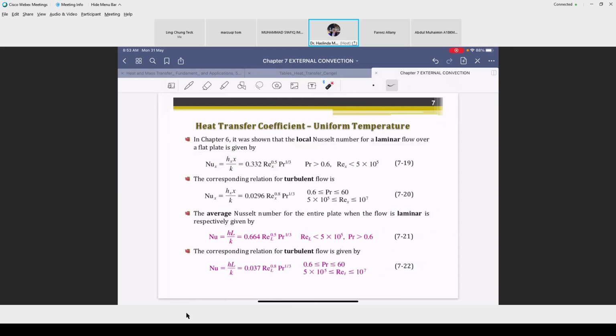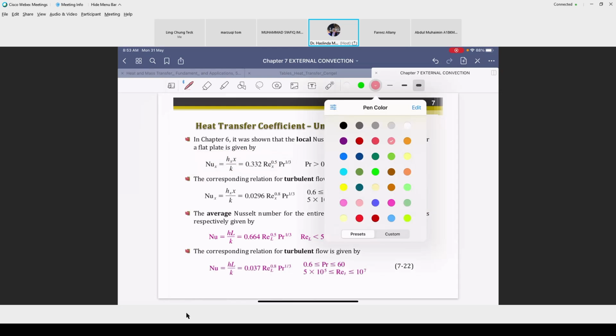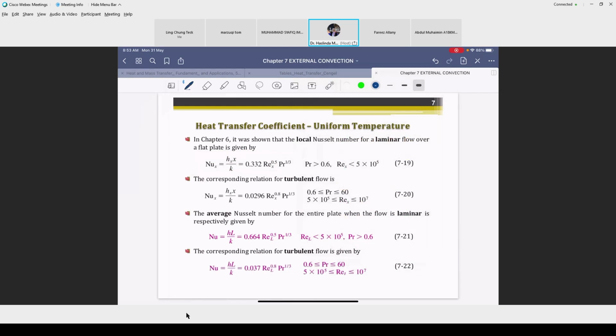Just now I've told you the Nusselt number, the formula is hL over k. This is the Nusselt number. Why do I need to find the Nusselt number? Because I want to know the h value.